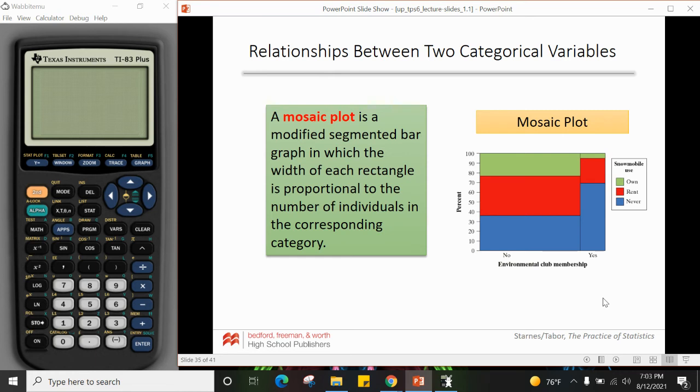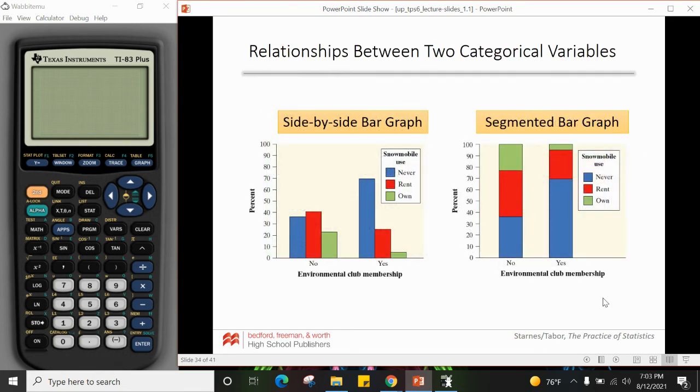A mosaic plot is kind of cool also, because a mosaic plot is a modified segmented bar graph in which the width of each rectangle is proportional to the number of individuals in the corresponding category. So in this segmented bar graph, you don't know how many people said no and yes, right? The only way you can compare this is by the snowmobile use, where you compare the height of this rectangle to the height of this rectangle, but you don't know anything about the no or the yes.